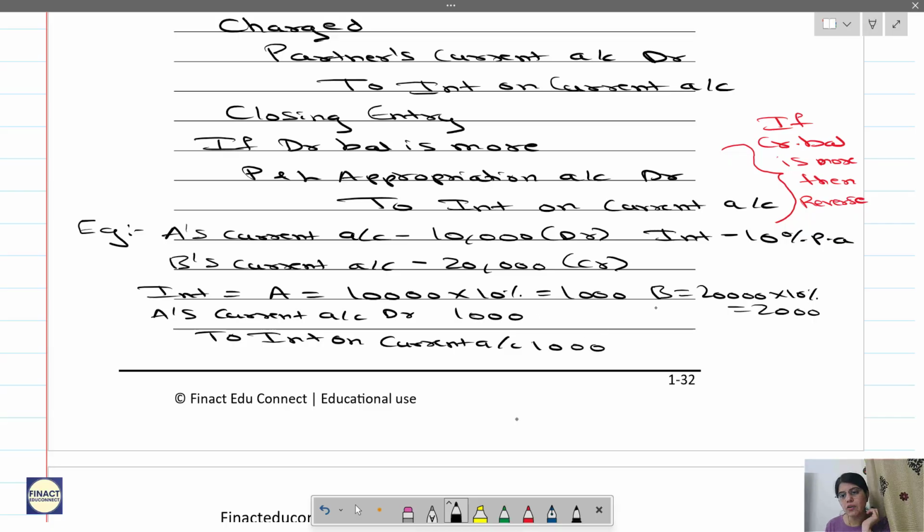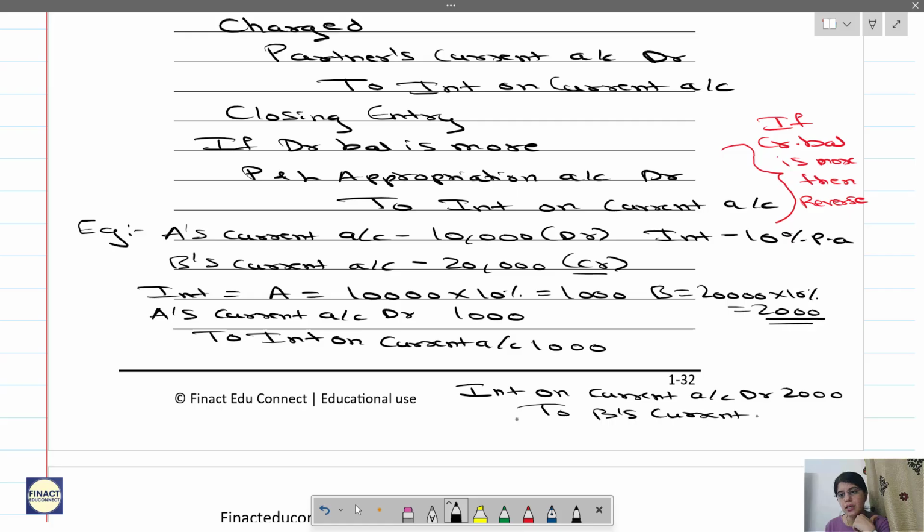And for B, the firm has to give. It is allowed, because the balance is a credit balance, correct? So for B the journal entry will be, the firm has to give, so it is an expense for the firm. So interest on current account debit 2,000 to B's current account credit, because B has to get it.